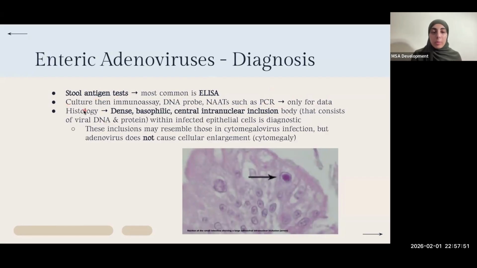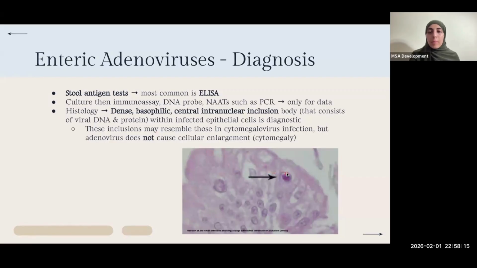An important thing to remember is histology. So if you take a biopsy from the intestine of an infected individual, you will see this very characteristic feature, which is dense basophilic central intranuclear inclusion body. Okay, so basically this is an enterocyte. I don't know why the text here is so small. I'm sorry, it should be bigger.